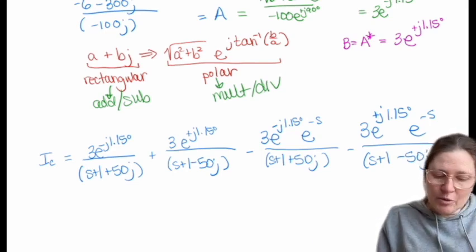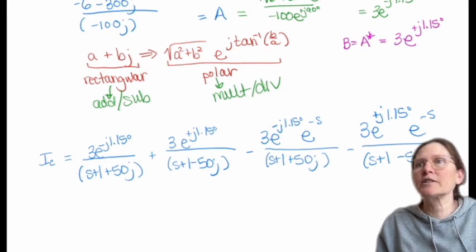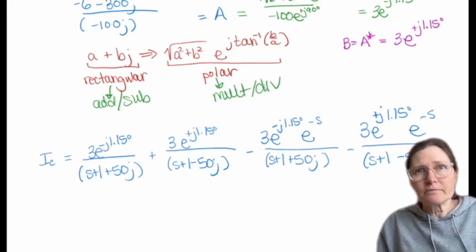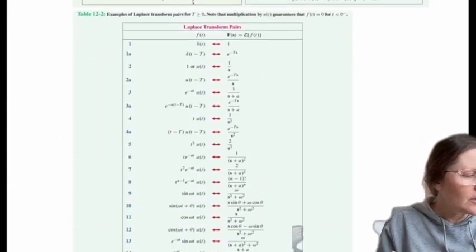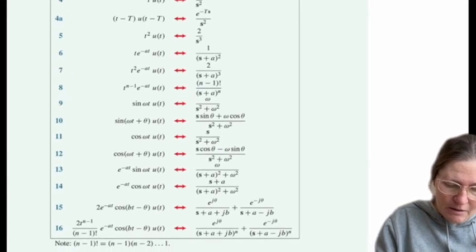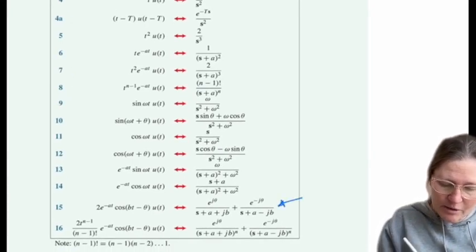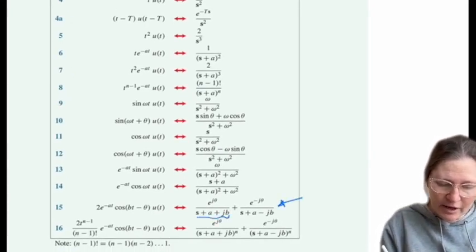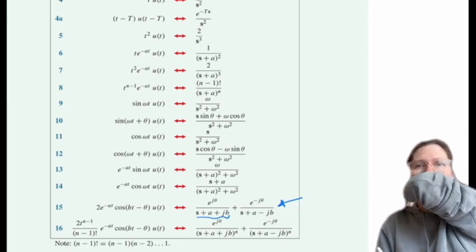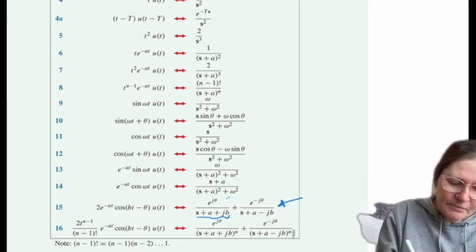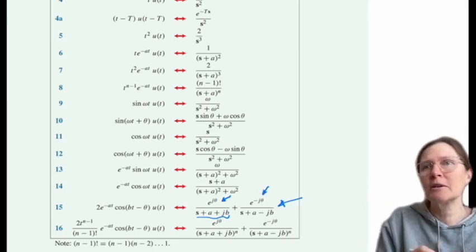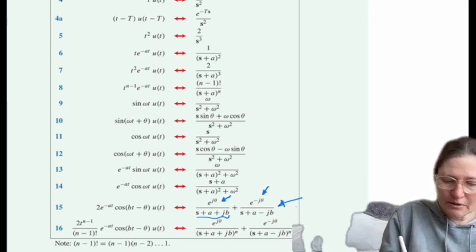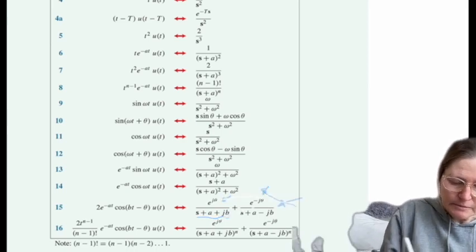All right, so now we want to identify on the table the components that look like this. So going down to the tables, and we see on this one that s plus a, jb, having e^j theta and then e^-j theta is going to be the one we want to use.